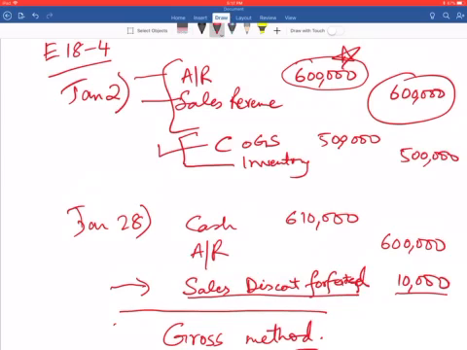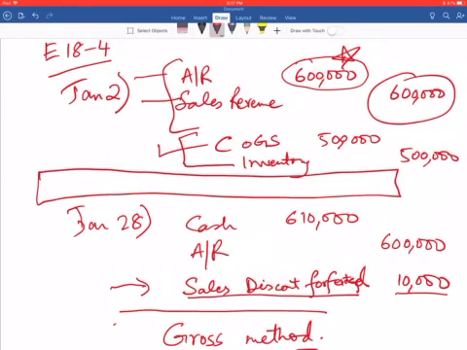Then the entry will be the simple journal entry. I'm assuming that the customer paid within 5 days, the way we assumed according to the net method, right? So cash is going to be exactly 600,000, and your accounts receivable is going to be 600,000.